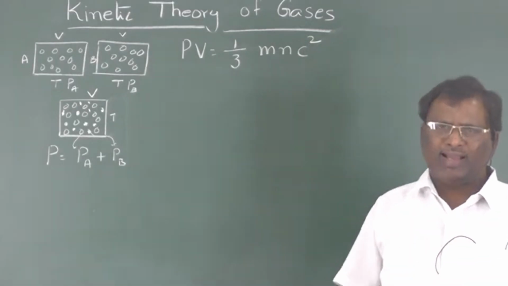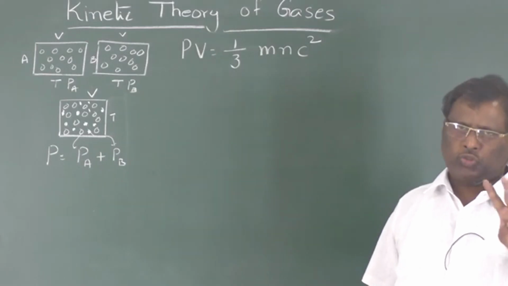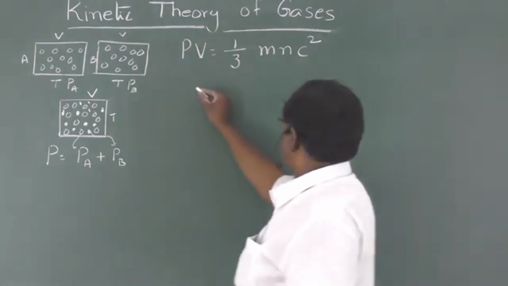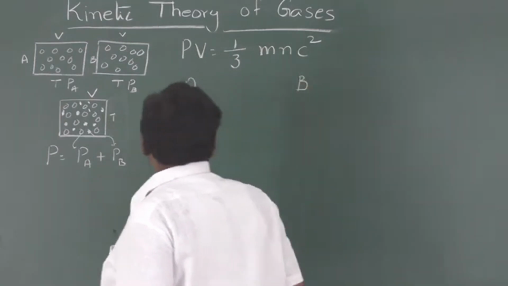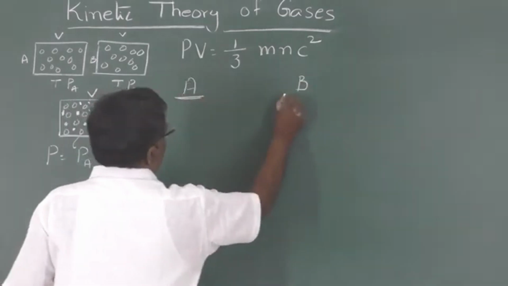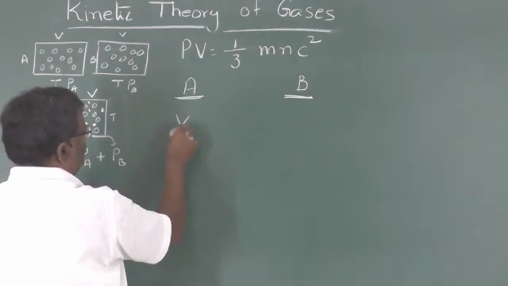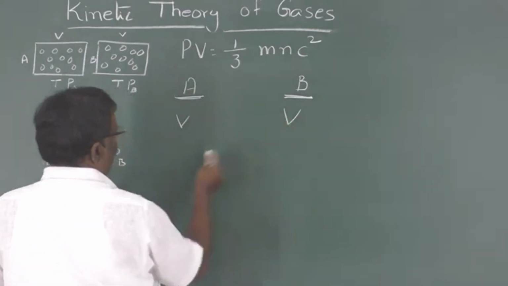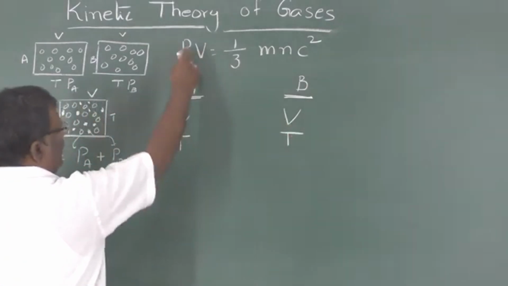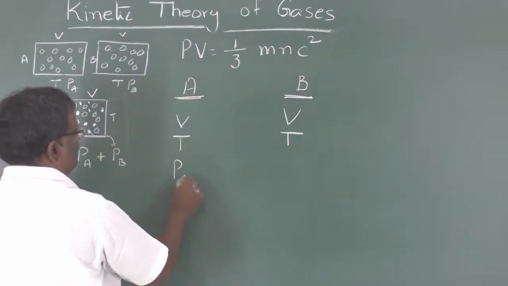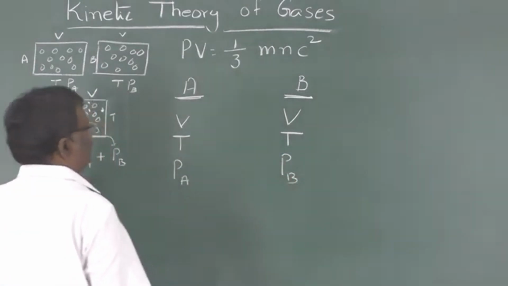Now let us apply this kinetic gas equation to two samples of gases. This is gas A, this is gas B. Both have the same volume and are at the same temperature. The pressure exerted by this sample is PA and by this sample is PB.